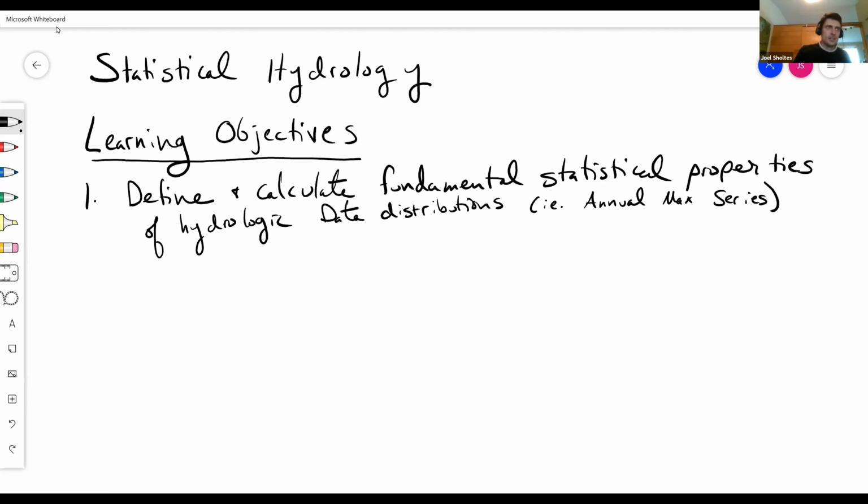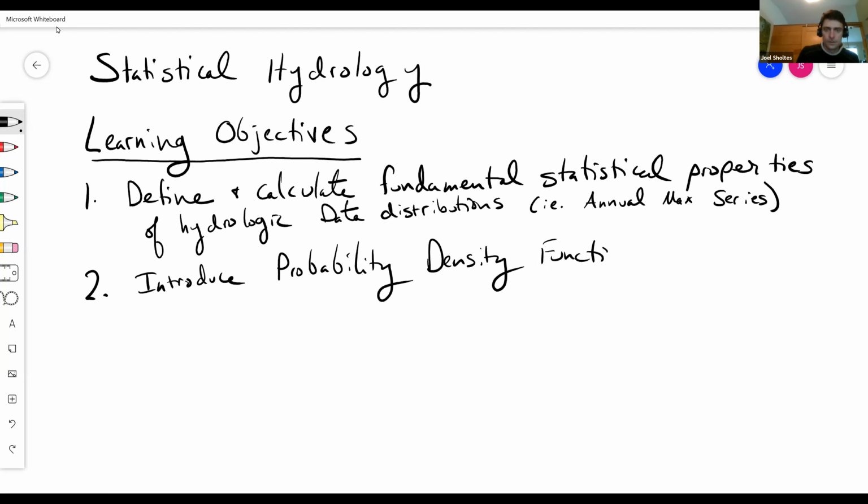So if you have small discharges, big discharges, how frequent? It's kind of like a frequency distribution. Would you expect to see a discharge in this range versus this range versus this range? So remember PDFs. So we'll introduce probability density functions that are used in statistical hydrology.